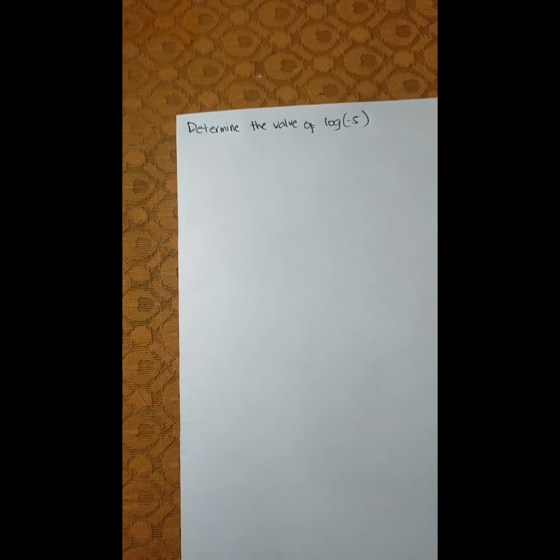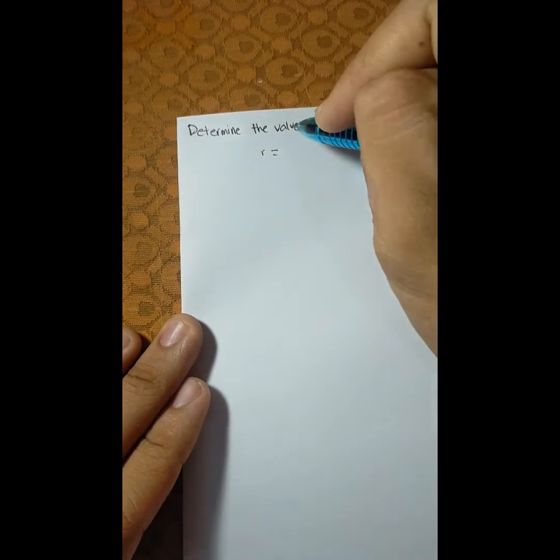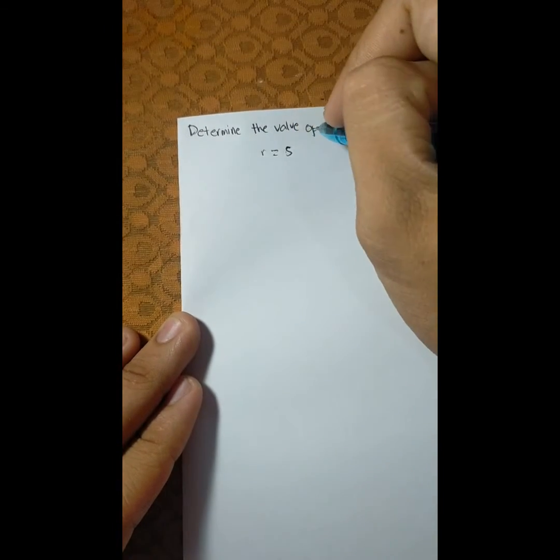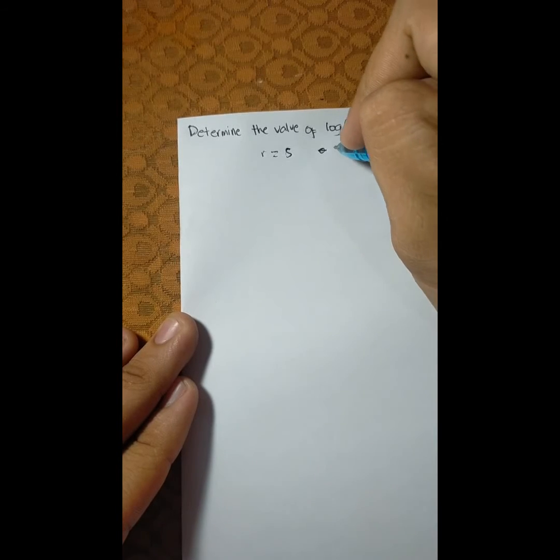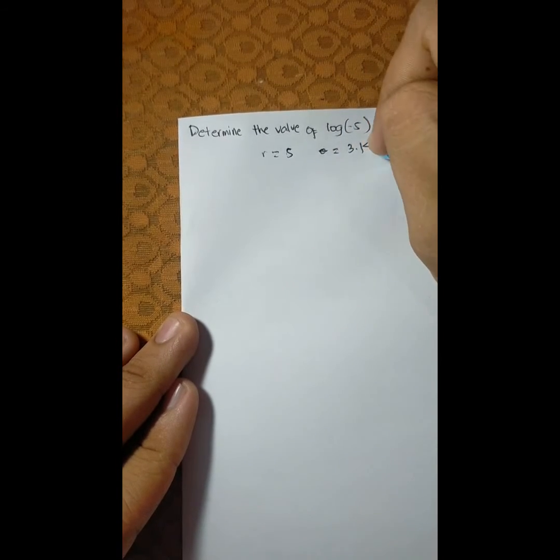So our fourth problem is determine the value of log of negative 5. So first, we must convert this to its equivalent exponential form, which is r equal to 5 and our theta is equal to 3.14.